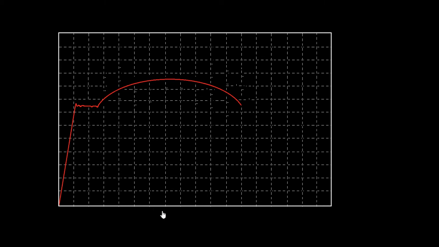Usually the x-axis of a stress-strain diagram is strain. So your strain is shown on your x-axis, usually in, let's say, millimeter per millimeter, and you have stress on your y-axis in megapascals. Now, there are 4 regions in a stress-strain diagram.